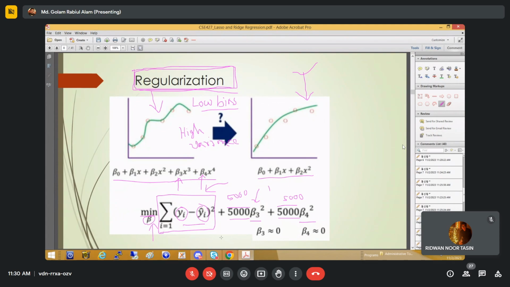So this error plus 5,000 plus 5,000 is 10,000, even if beta 3 and beta 4 equal 1. So that is not a minimization in that case. When can we get the minimum value? If we assign beta 3 equals 0 and beta 4 equals 0, then this part will be just 0, and we will get the minimum error with this residual function.